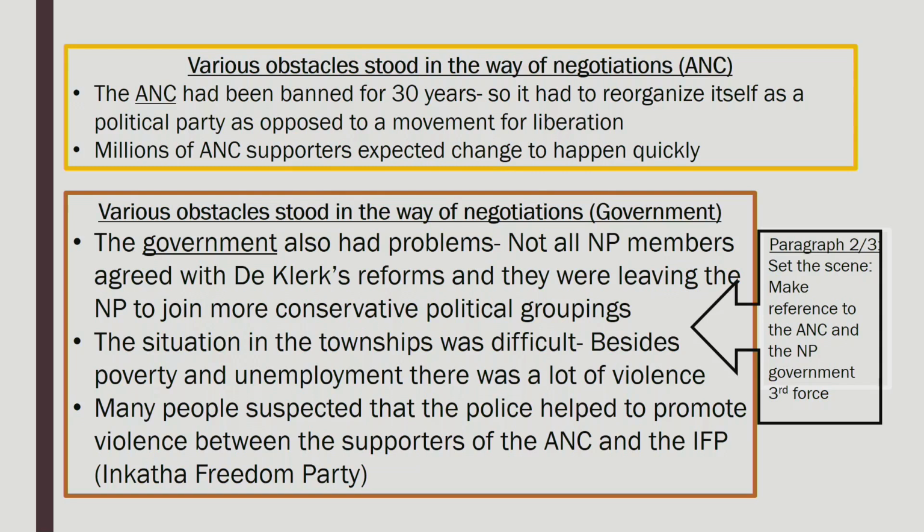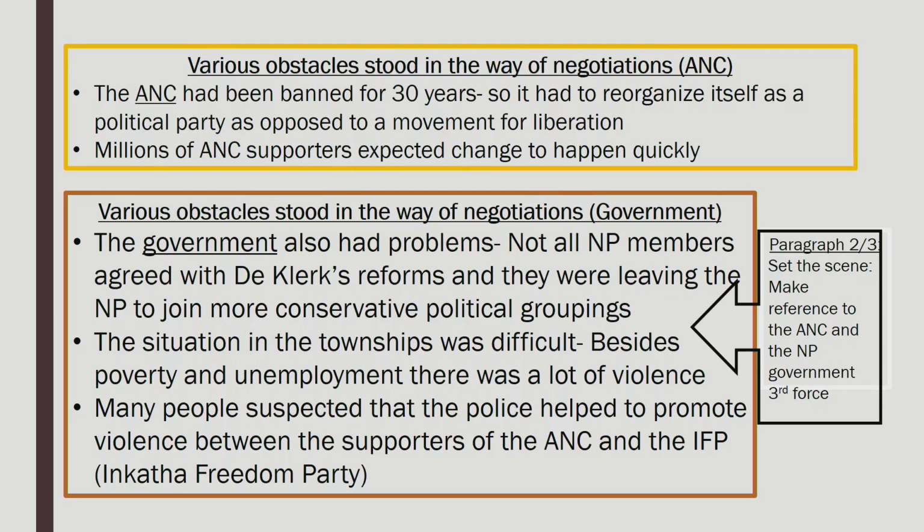It says millions of ANC supporters expect a change to happen quickly. We also need to speak about the obstacles that stand in the way to negotiations from the part of the government, namely the National Party at the time. The government also had problems. Not all NP members agreed with de Klerk's reforms, and they were leaving the NP to join more conservative political groupings.